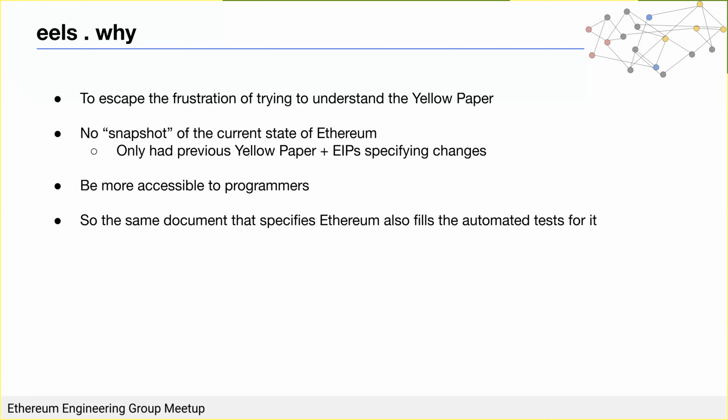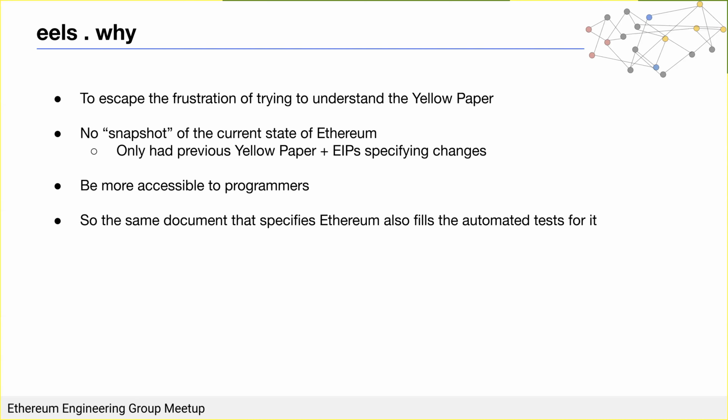If you want to look at, let's say, Shanghai, and you want to see what the specification is for Shanghai, you need to look at the yellow paper for the fork that came before Shanghai, and then look at a list of the EIPs that are being applied to that yellow paper. And that's the only way you can really build a picture of what's going on in the next hard fork. There's no yellow paper until months after the fact, or years now, of what the current state of Ethereum is.